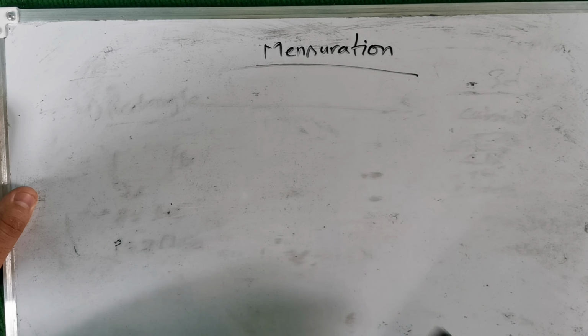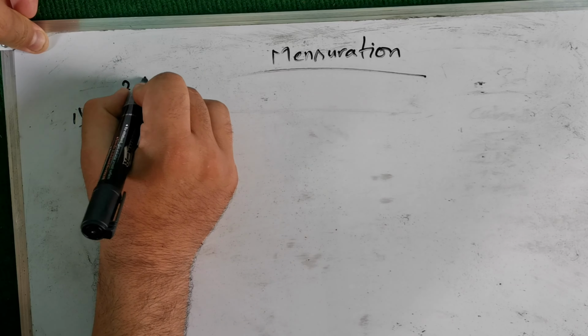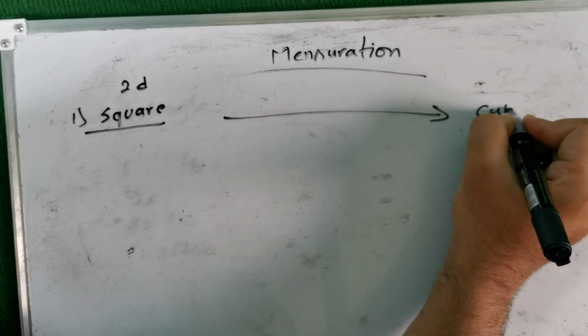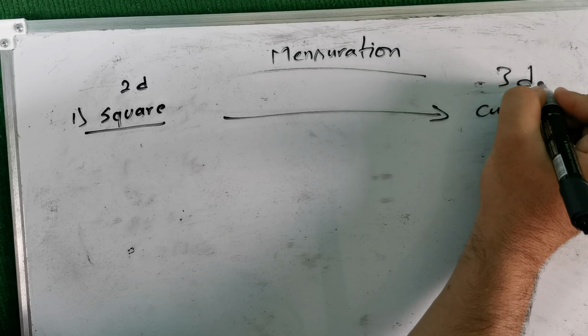So now let's talk about square. Square is 2D version and cube is 3D version.